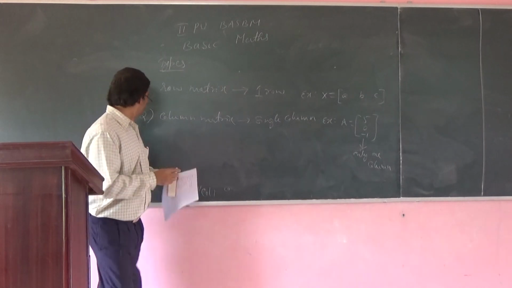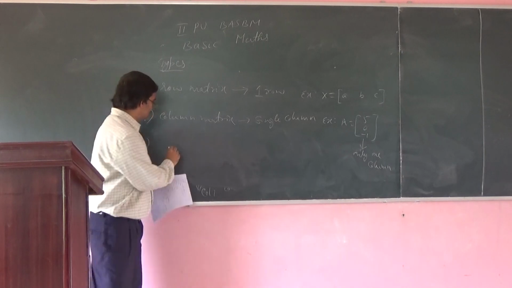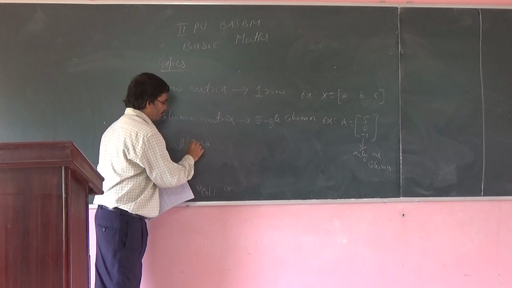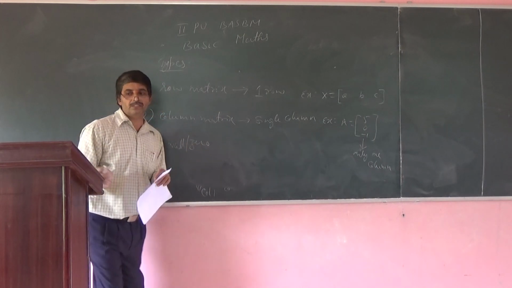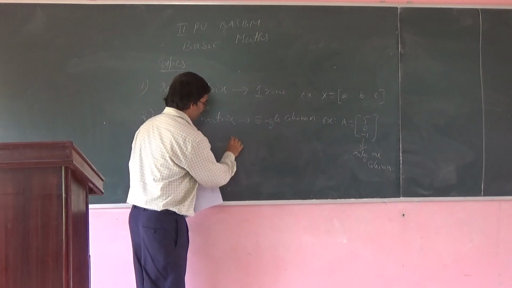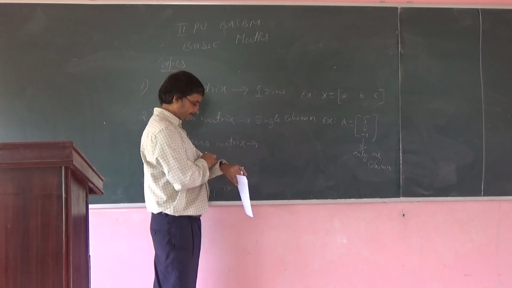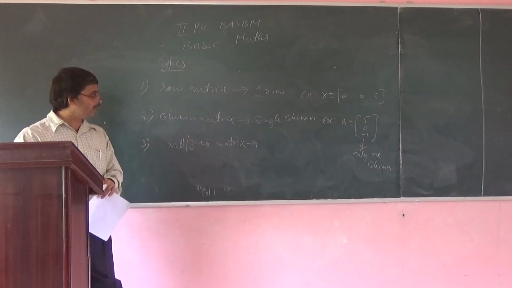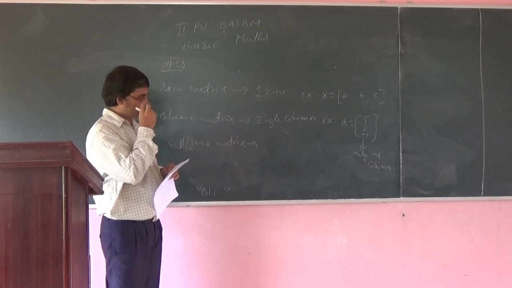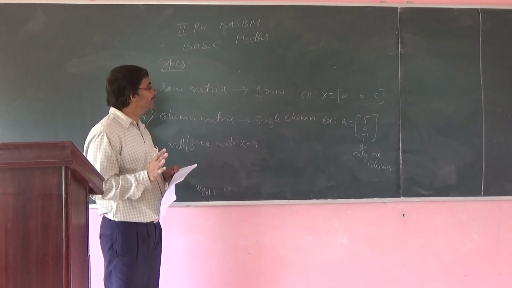Next, null matrix or zero matrix. Either the word null or zero. The name itself again suggests it: the elements contain zeros only.